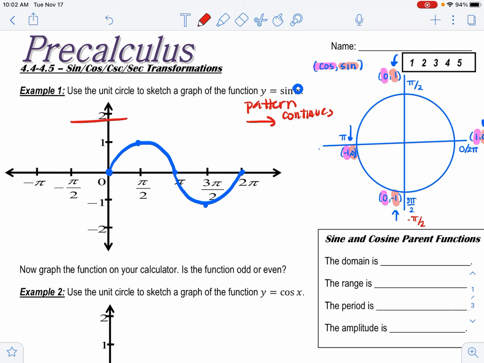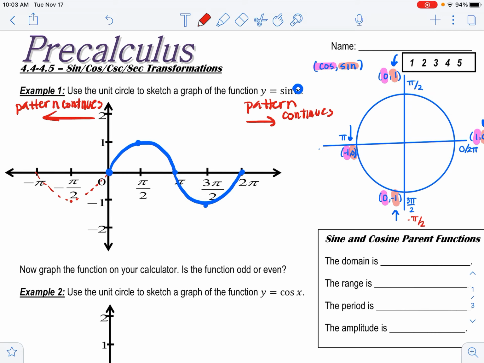And I'll go like this and say the pattern continues. Now, you're only ever going to draw one cycle, so you're never going to have to write pattern continues, but I want you to know that it does. I'm going to leave it in because I have to answer one more question based on it, and then I'll erase it. I should have just left it the first time.